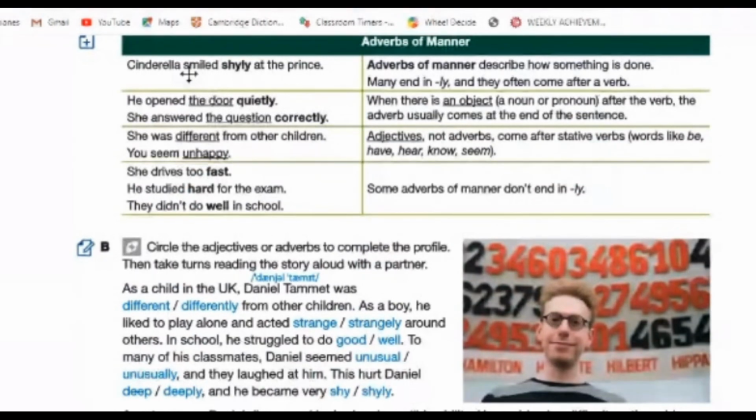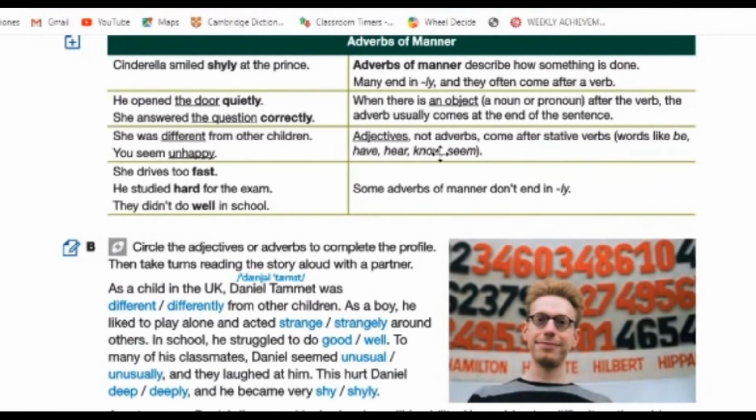Porque si haces la pregunta, ¿y cómo cerró la puerta? He opened the door quietly. Tienes la misma estructura, después del verbo. Ajá, ya. Okay, teacher.